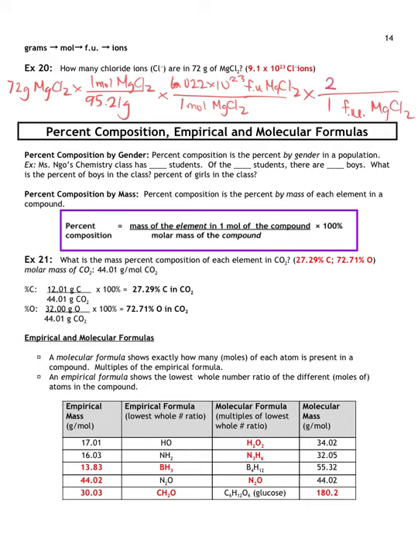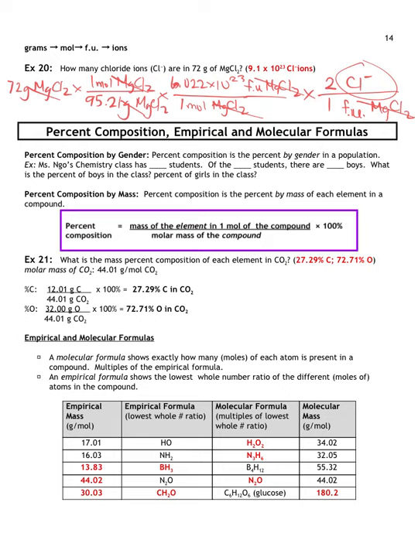So I'm going to say 2 Cl ions. And multiply and divide, cross-cancel your units. You're noticing units to be cross-canceled, and they cross-cancel nicely to give you your chloride ions. And your answer in the end is 9.1 times 10 to the 23rd.